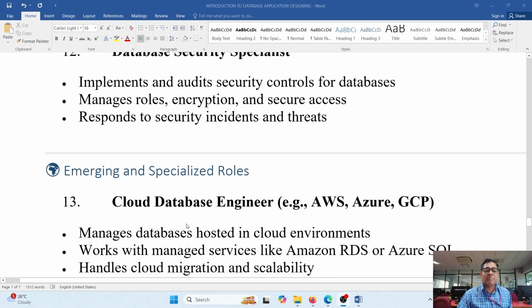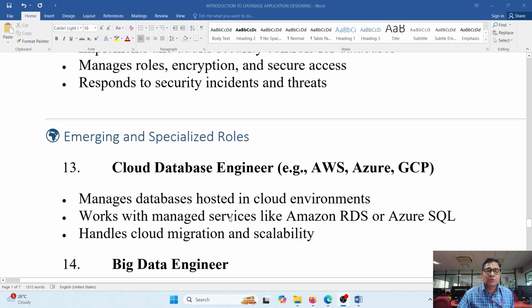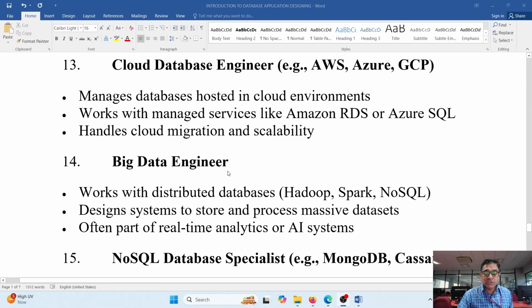Next, these are the emerging fields that are coming up presently. You probably know about clouds, where the data is being stored and managed globally. So you can become a cloud database engineer, managing clouds like AWS, Azure, GCP, using SQL and all. You can also become a big data engineer. Whatever database we are talking about is just a beginning to learn basic databases.